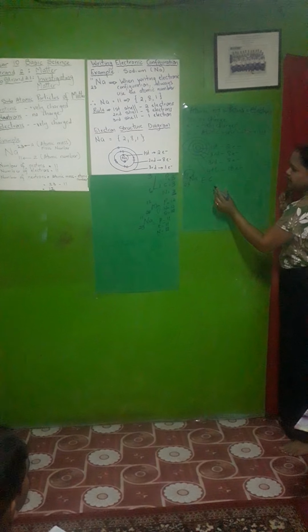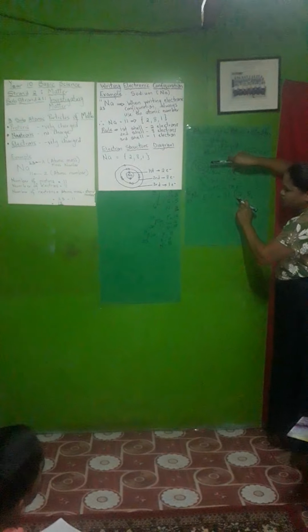So sodium has 11 as the atomic number, and according to our rule, the first shell can occupy 2 electrons. So the first shell will occupy 2 electrons, then we'll put a comma after that. The second shell can occupy 8 electrons. Now let us see whether these 8 electrons can fit in the second shell or not. When we subtract 2 from 11, we get 9.